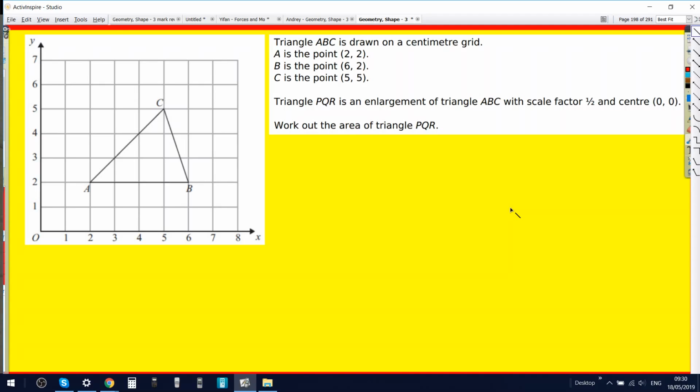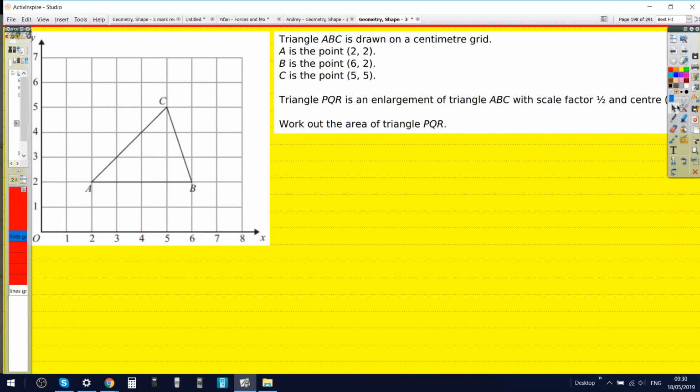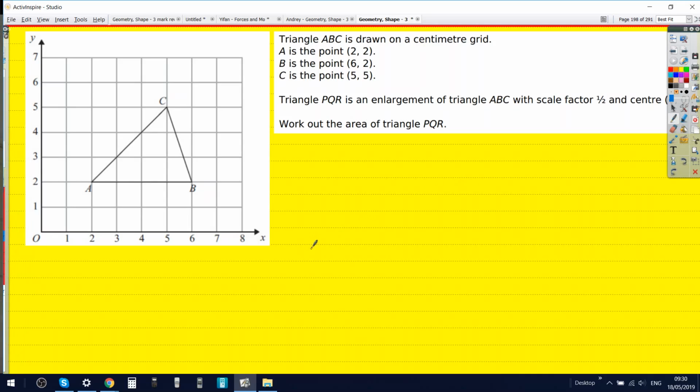Yeah, okay. And then do I need to do half of 2, 2? Mm-hmm. So it'll be 1, 1. Yeah. And then after that, so if the center is 0, 0, what point is that 1, 1? P. Okay, so that's 1, 1.